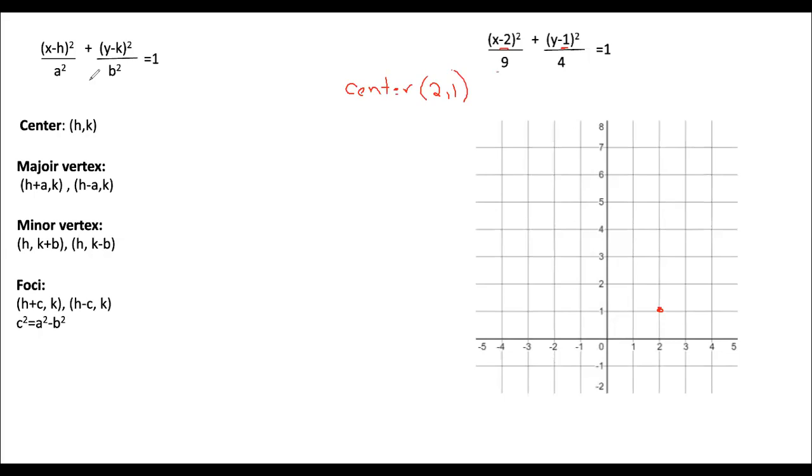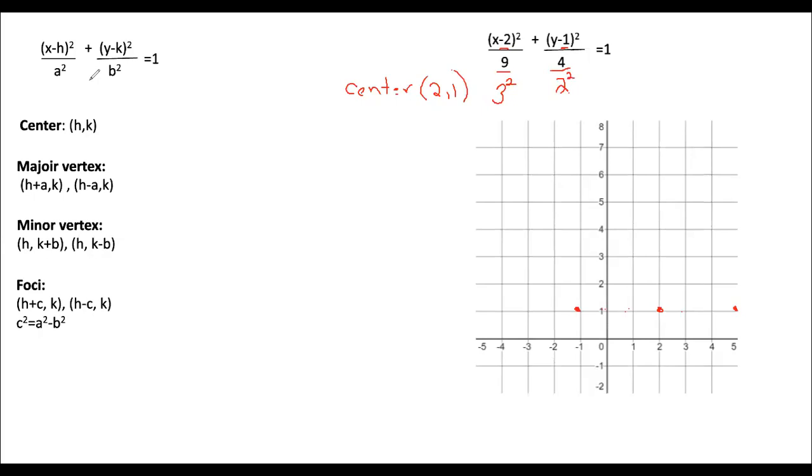Under our x, we have 9. 9 is 3 squared. So that means we're going to move 3 in our x direction from our center. So we're going to go 1, 2, 3 out here, and 3 to the left, 1, 2, 3. We have 4 under our y coordinate. 4 is 2 squared, right?